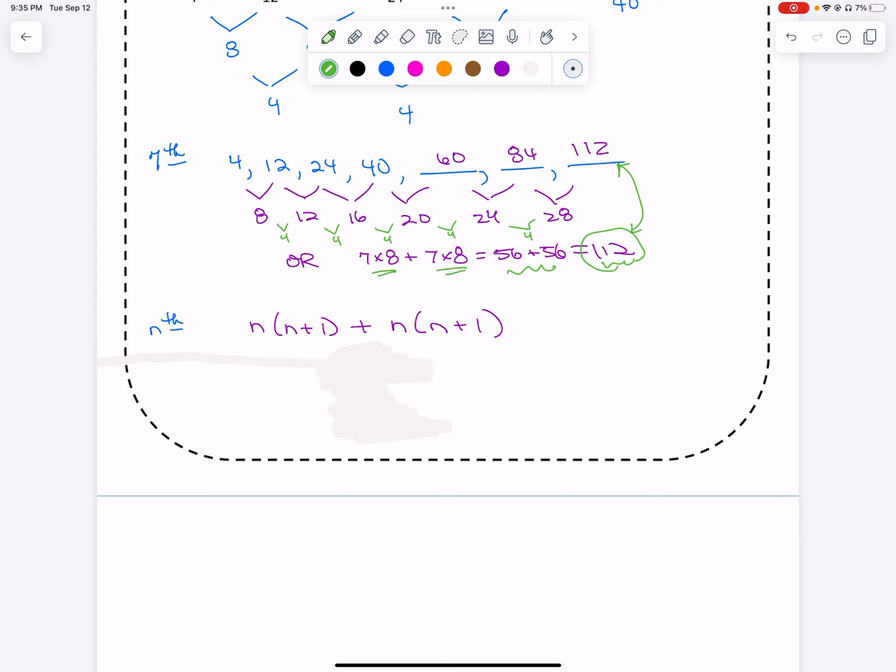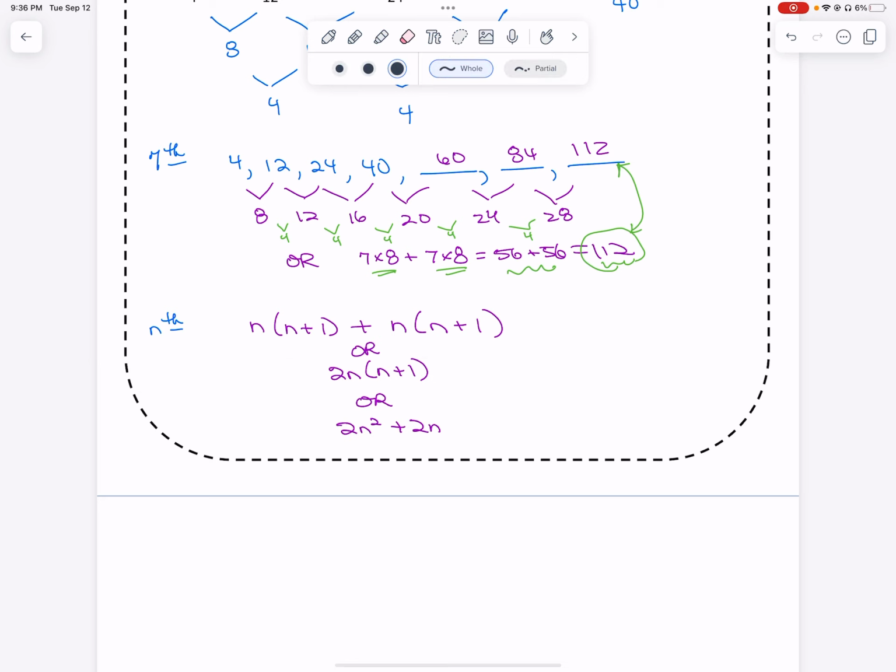N times n plus 1 plus n times n plus 1. Okay, now you algebra people, and that's perfect. That's great. We have our answer. If I want to know the 200th figure, I could just put 200 wherever I have an n, right?